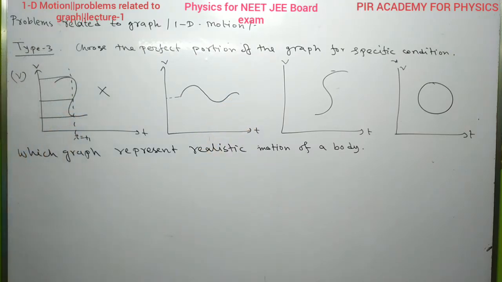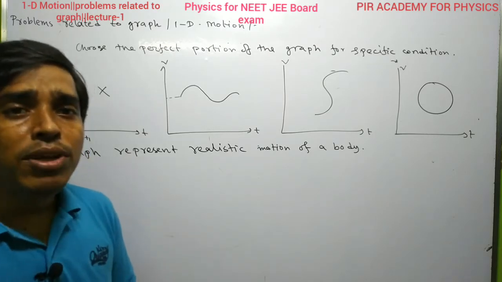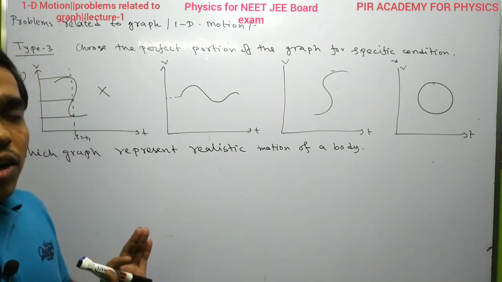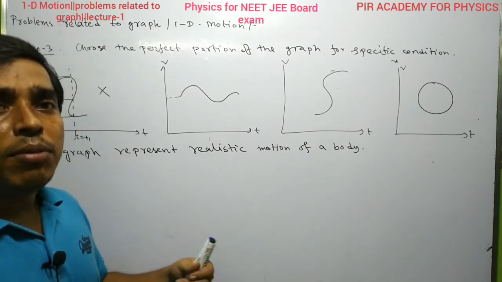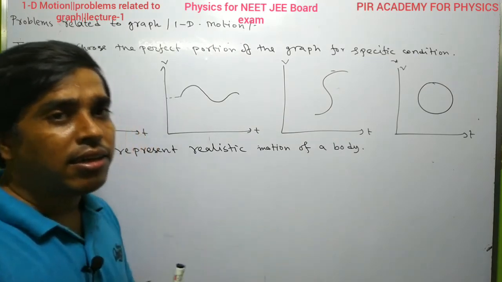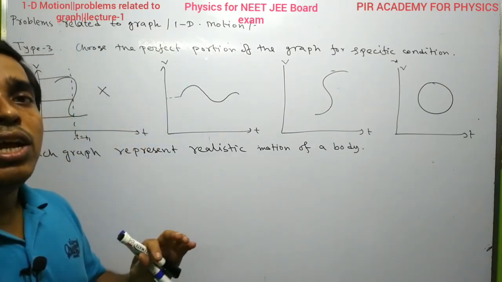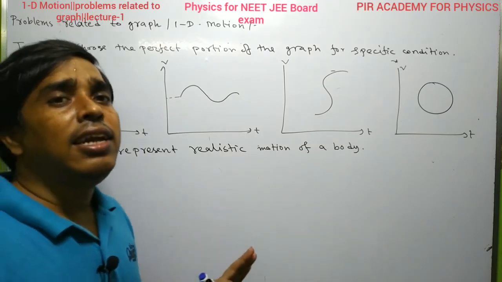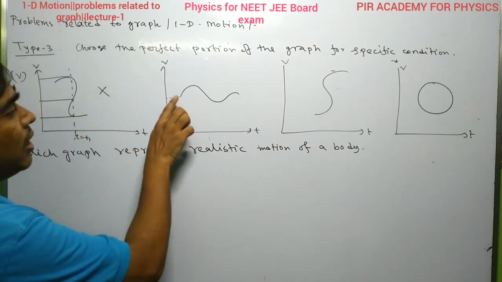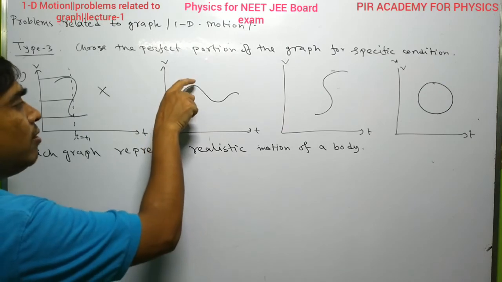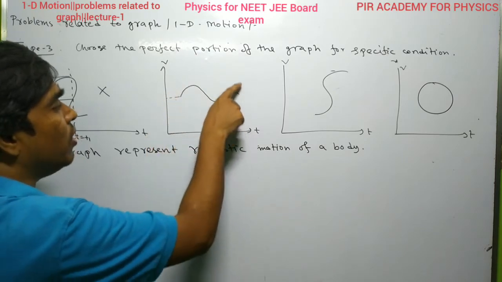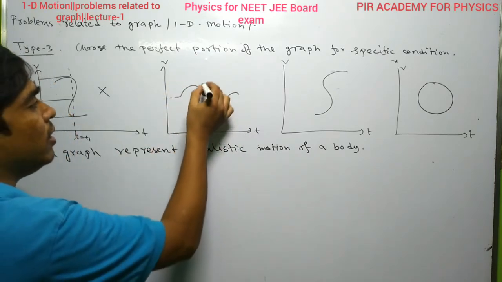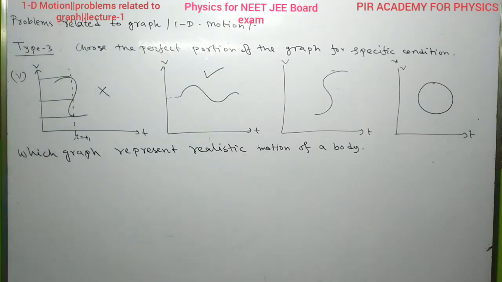When a car is moving on a road, during this journey he accelerates the car, after some time he decelerates his car, then again he accelerates. So the velocity will be increasing, then decreasing, then increasing, then decreasing. So this is the realistic condition of the motion of a body, of a bus, of a car.